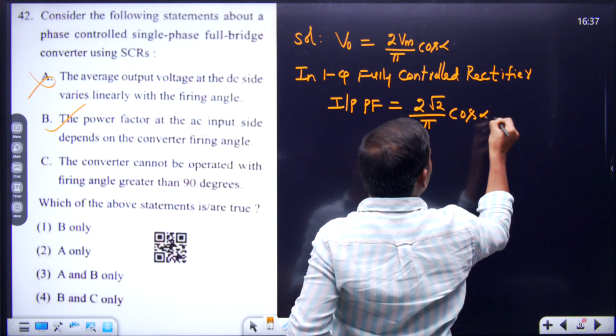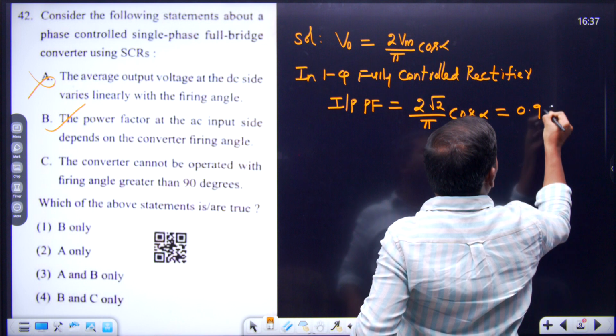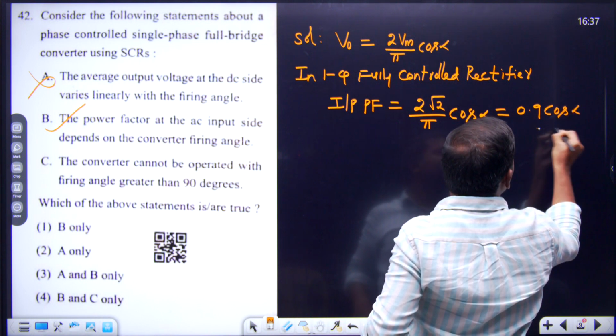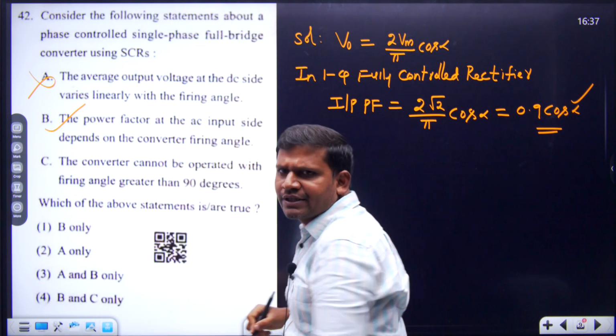This is equal to 0.9 cos alpha. That means the input power factor depends on the firing angle. That is the correct statement.